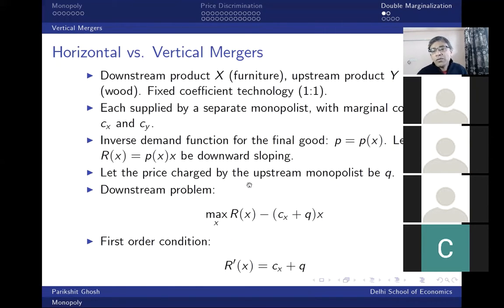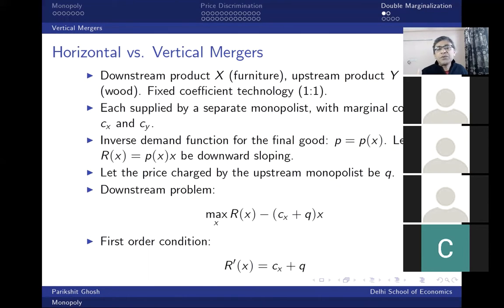So how do we solve this model? We want to do two exercises. One is first, assume they're separate monopolists, figure out what will happen, what will be the final price, and then we'll let them merge and see what the merged single monopolist, what their pricing will be and how much they'll sell. So when the two monopolists are separate, how do we solve?